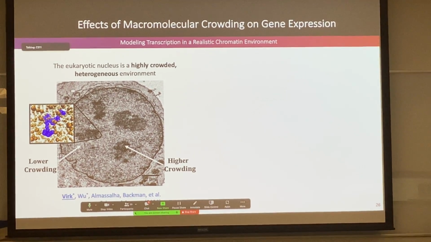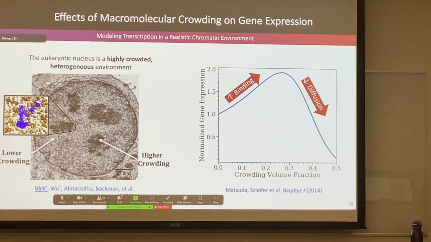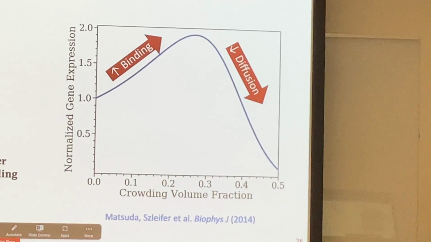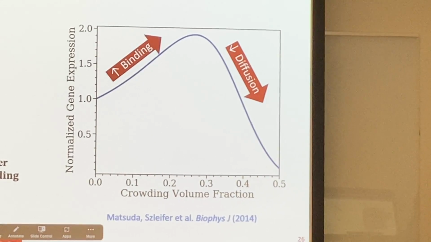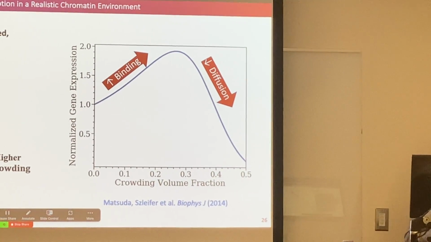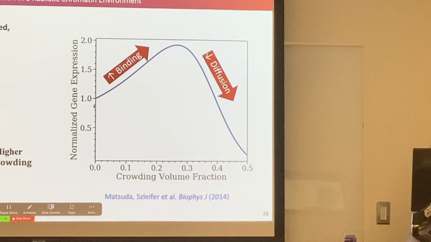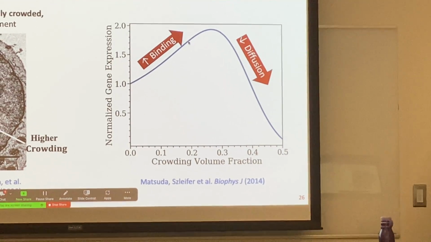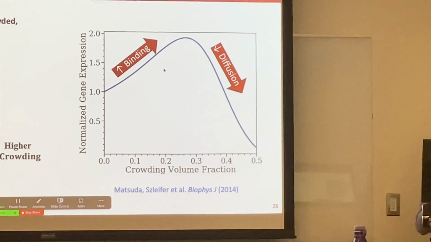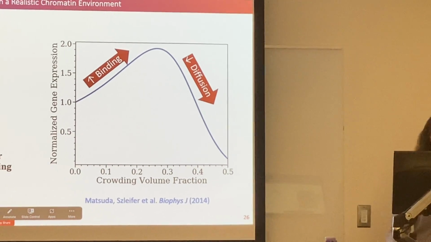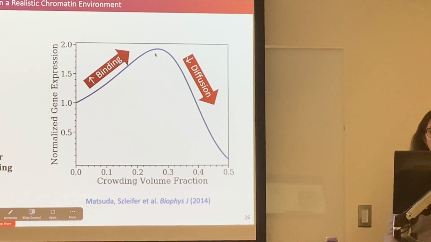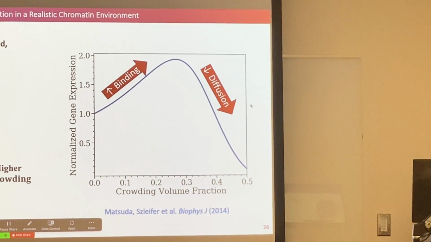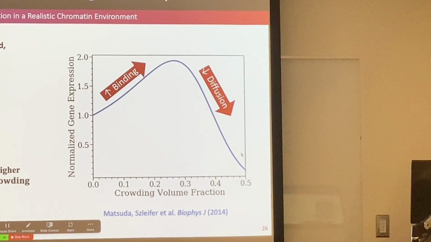And what we see here is that a kinetic model of transcription developed by Matsuda, who was a postdoc in Yigal Schleifer's group, shows that crowding can have a very large effect on gene expression. And when we account for it, we see this complex non-monotonic behavior where at smaller crowding fractions, an increase in binding of transcription factors and polymerases and their efficiency of binding actually increases the gene expression up to a certain point, where the decrease in diffusion of these reactants actually decreases gene expression.